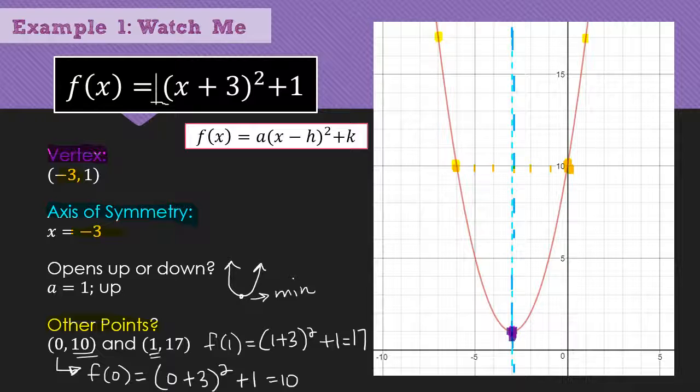Okay, because they're just mirror images of each other. And we did the same thing for 1, 17. So I went over 1, up 17, so that's where I got this point up here. And then now I'm 1, 2, 3, 4 spaces away from my axis of symmetry. So I have to go 1, 2, 3, 4 on the other side. So there are my points, and then I'm able to draw in my axis of symmetry.